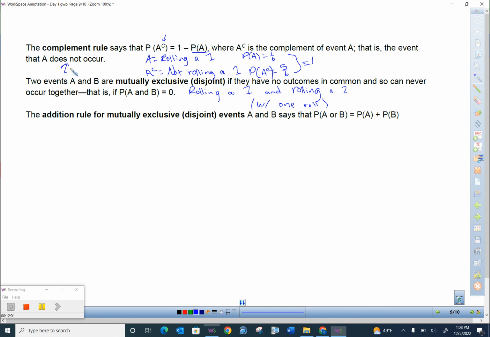Now, complements, by definition, are mutually exclusive. Okay, rolling a 1 and not rolling a 1, those things cannot happen at the same time. Okay, but complements are more specific because they hit everything, whereas mutually exclusive just means they can't happen at the same time. So I want you to write that, can't happen at the same time.